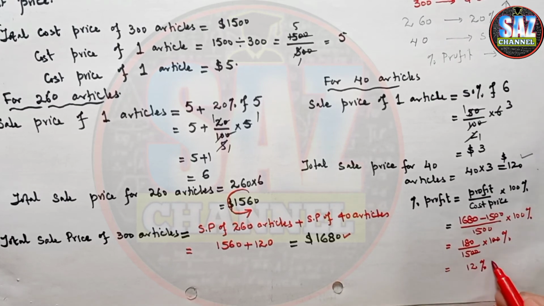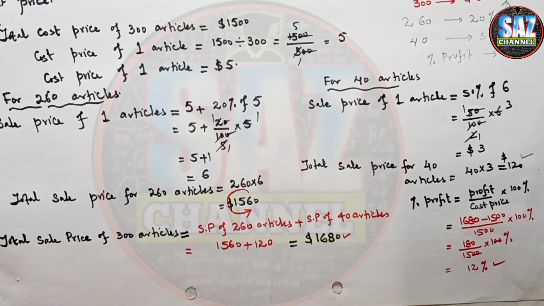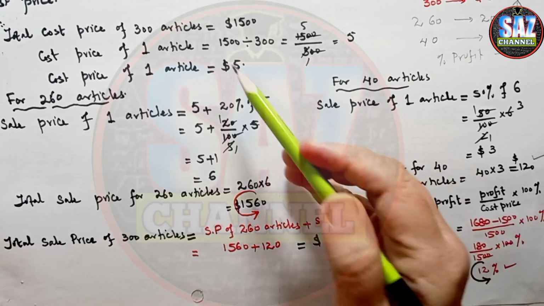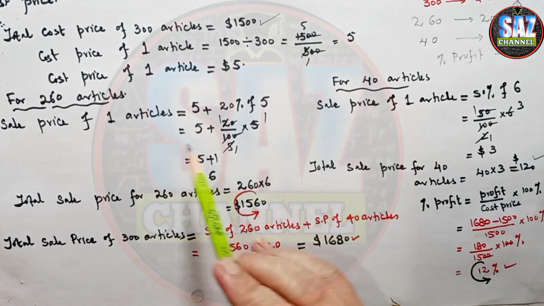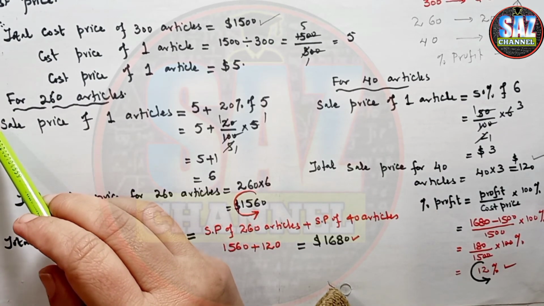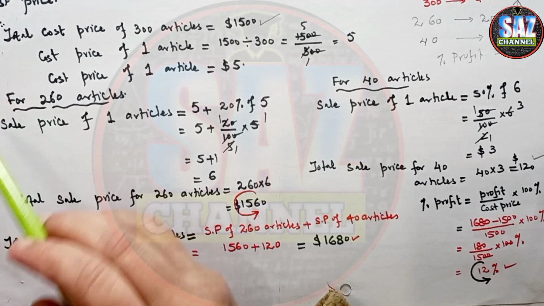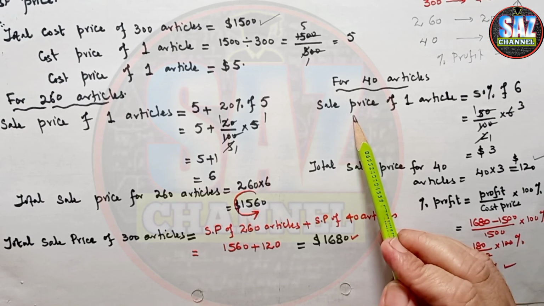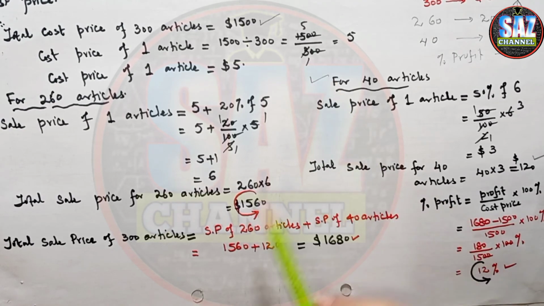So I hope you are clear how we are calculating the profit of the shopkeeper for the sale of 300 articles, which he actually bought for $1,500. When he was selling those 300 articles, he decided the sale price of 260 articles with one rule, and the sale of 40 articles with a different rule.